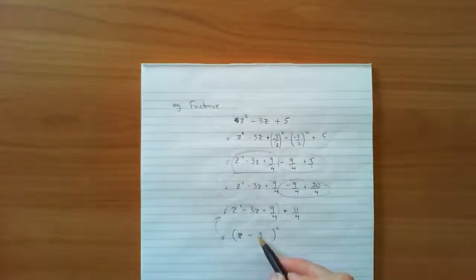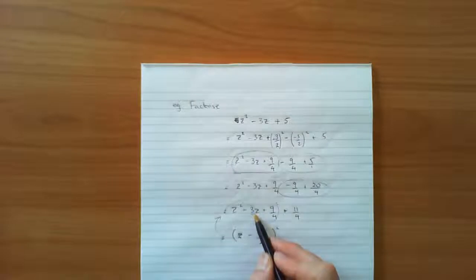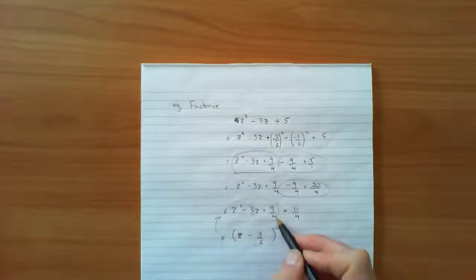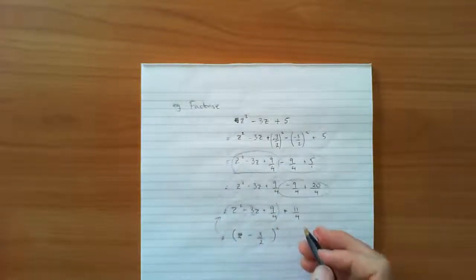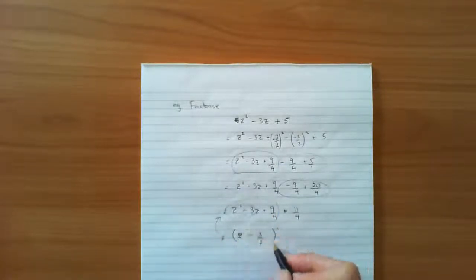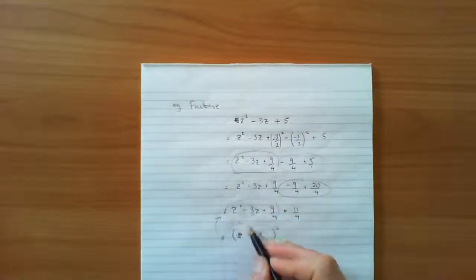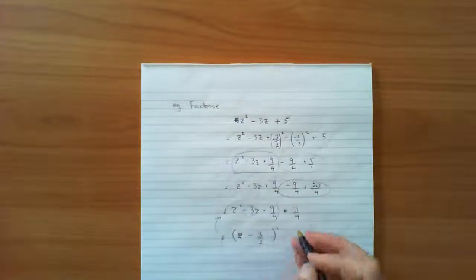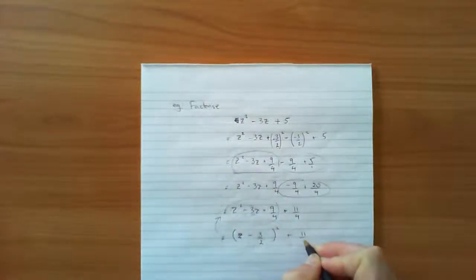So 3z over 2 times 2, well the 2's would cancel and you'd be left with negative 3z, which is our middle term. Second term squared, negative 3 over 2 squared gives us 9 over 4. So this is in fact the factorized version of that, or the perfect square of that part of the polynomial, plus 11 over 4.